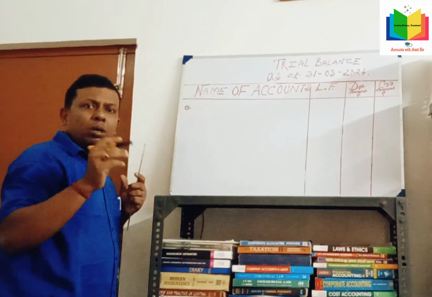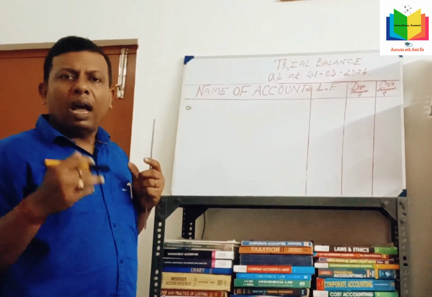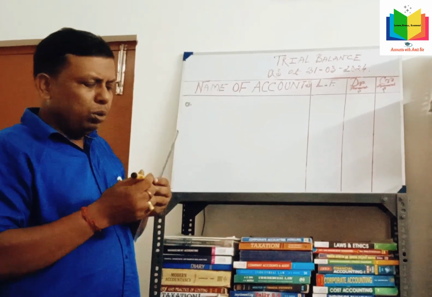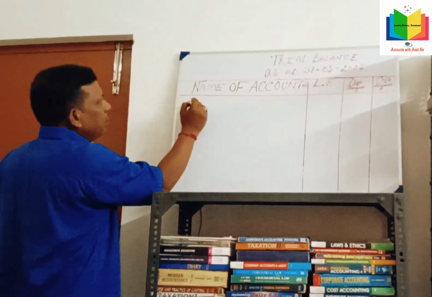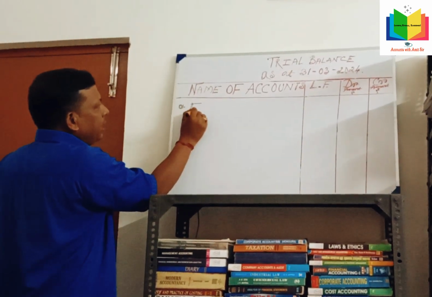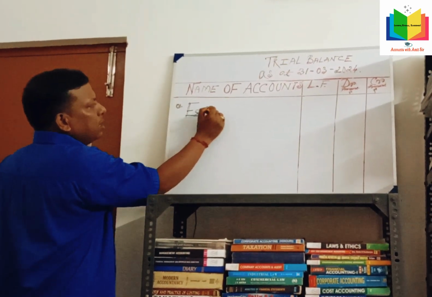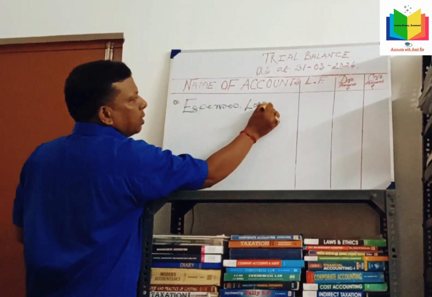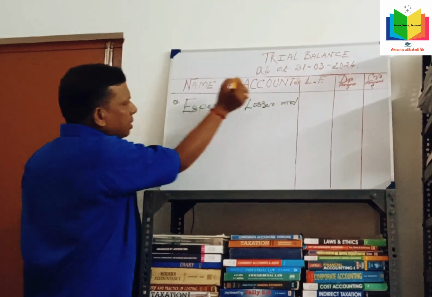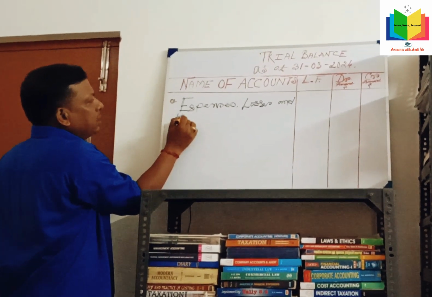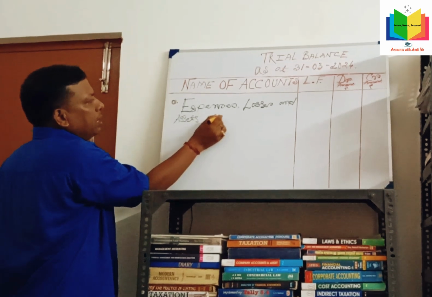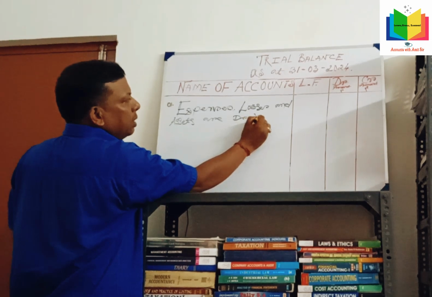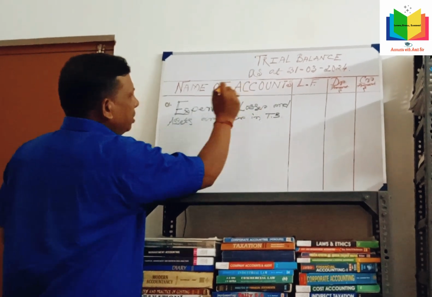I tell you only 3 rules for preparation of trial balance. Rule number 1: expenses, losses and assets are debited in trial balance, that is TB.